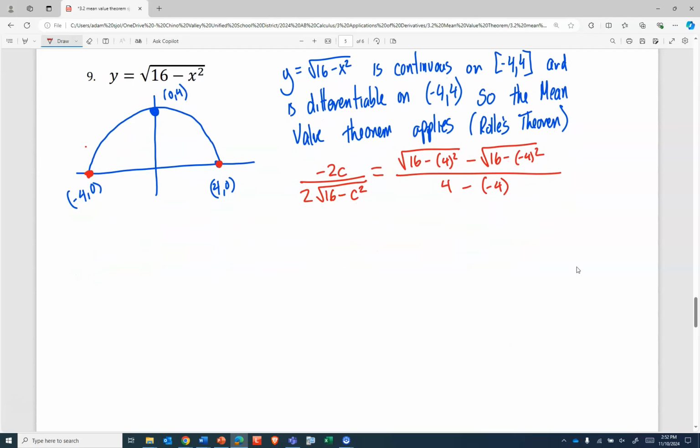So let's see, that's going to be c over negative square root of 16 minus c squared. That algebra is going to be interesting, but I guess it helps to know we're looking for this whole thing. Oh yeah, the right-hand side is equal to 0. So it doesn't really matter what we do with the algebra. Multiplying to get rid of that denominator, we get c equals 0. Dang, that turned out pretty well.